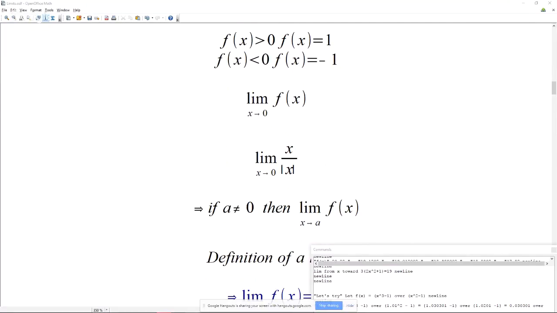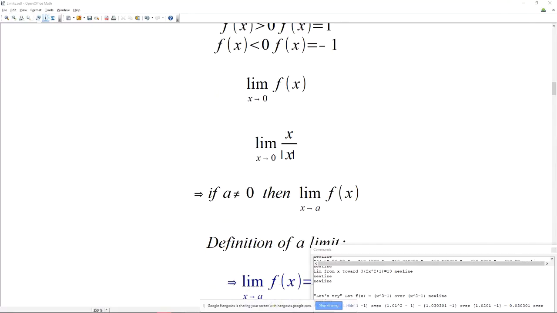If a is not 0, then we can actually take the limit as x approaches some arbitrary value, which we're going to call a. Now this is where it gets a little confusing, but the value we want for a is some value that's not 0, so that we can take a limit from the right-hand side or the left-hand side, and then compare them and see if there's an existence of a limit for both sides.